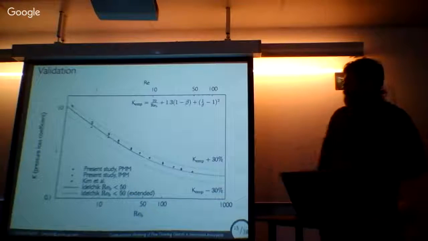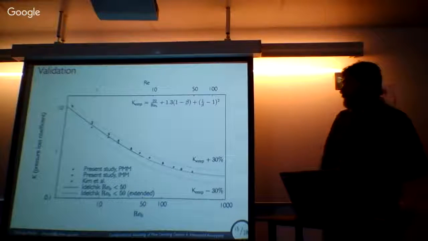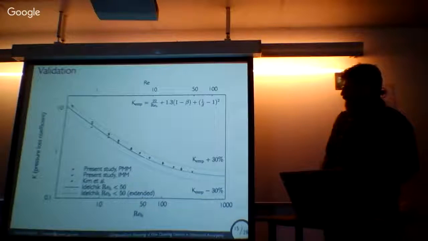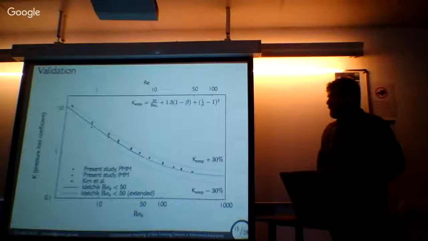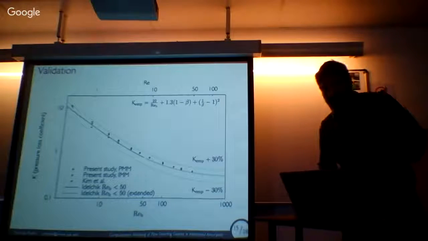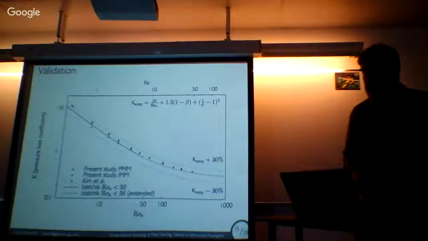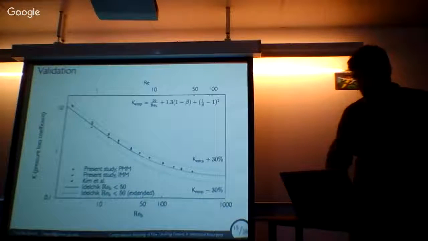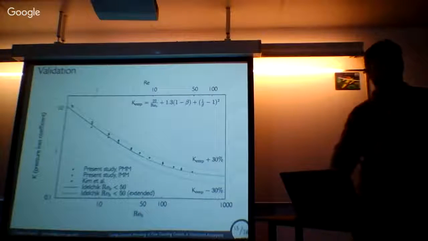In green, we have other results from the literature, and the analytic expressions are the lines. We found that the correlation was very good for our uses. So we have more confidence in our model.